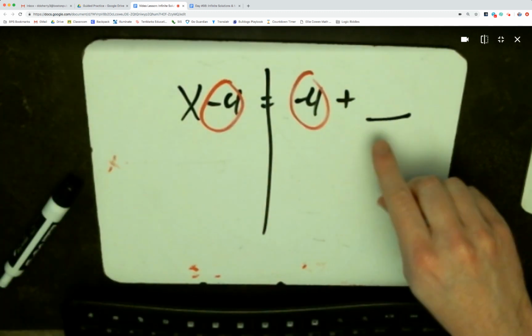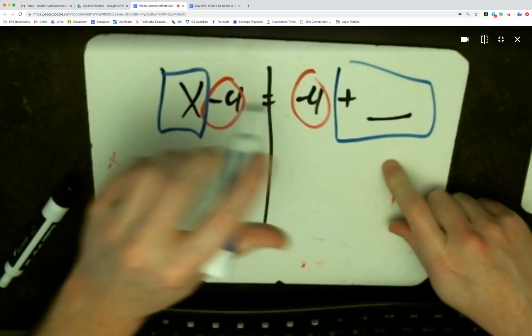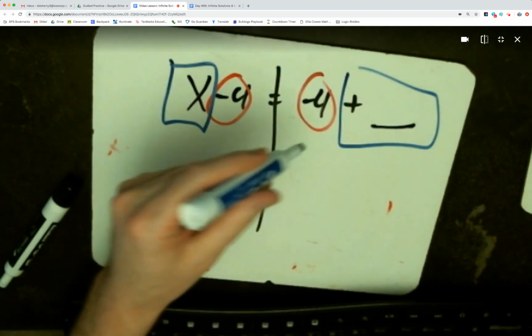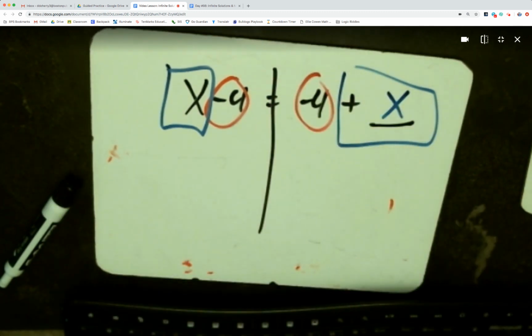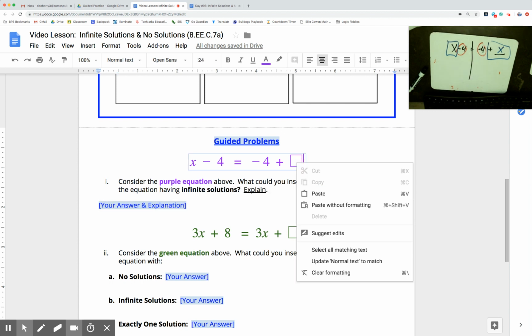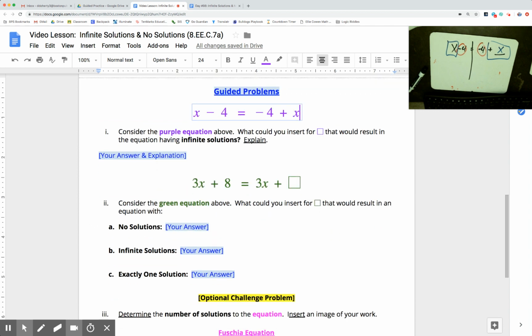So we would need this box, the unknown one, to have the same exact variable term so that we're doing the same expression or equivalent expressions. What do I need to plug in here? Hopefully you all figured out that all we need to do is put in a plus x there. If we delete that and put an x, positive x combined with negative 4, same thing as positive x combined with negative 4. Now this would have infinite solutions.